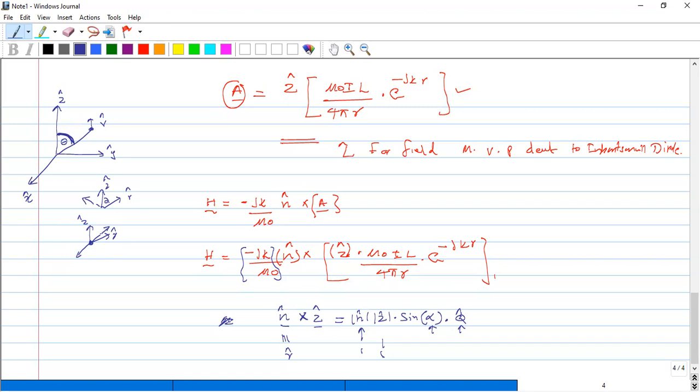That is the direction for r hat cross z hat. So what is that vector? That is nothing but phi hat.